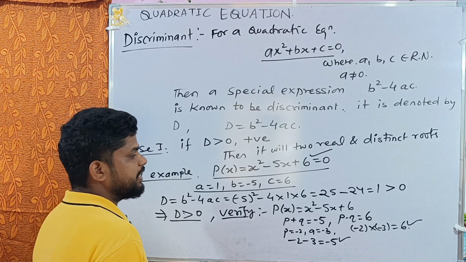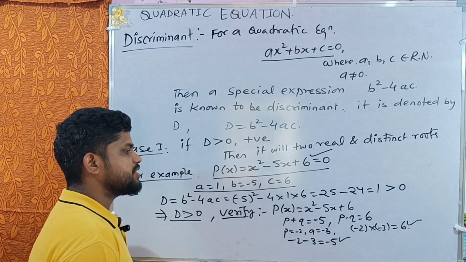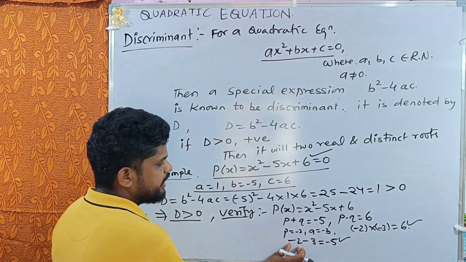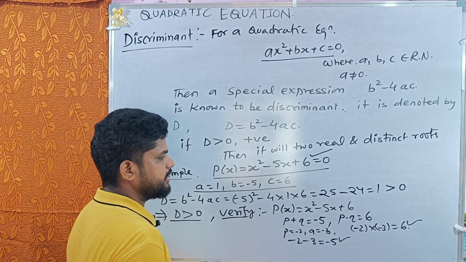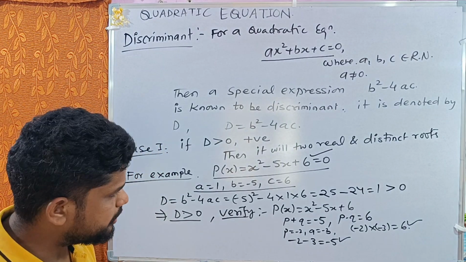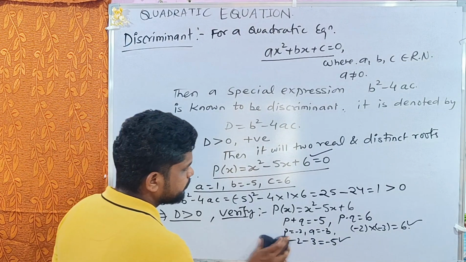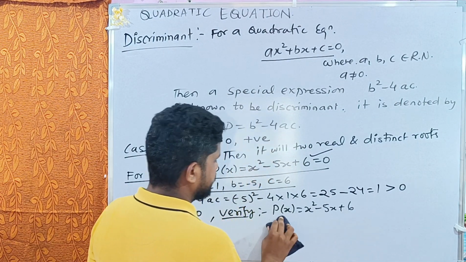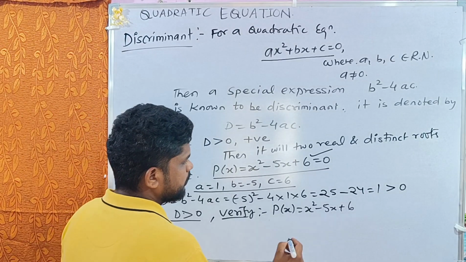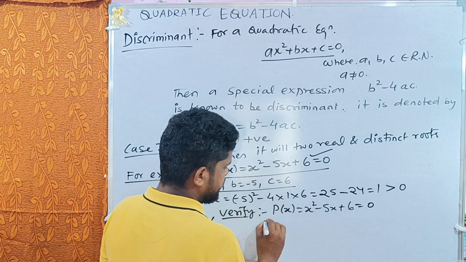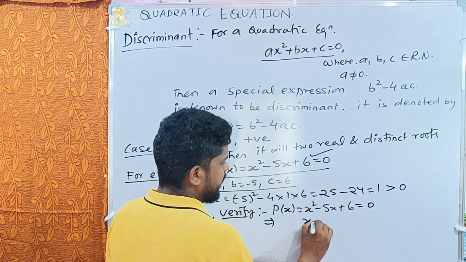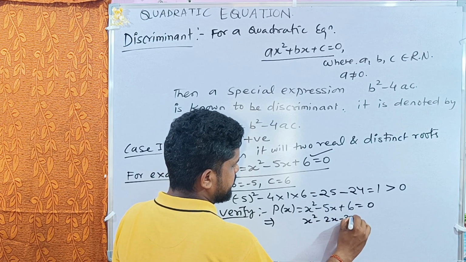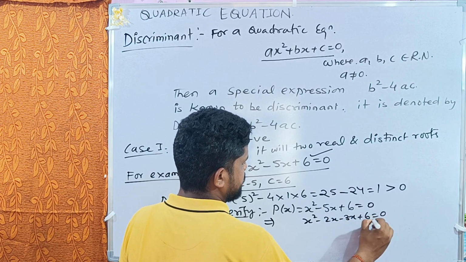So I can split the middle term, which is minus 5x, into minus 2x and minus 3x. So let us go for it. This is equal to 0, and this will give us x square minus 2x minus 3x plus 6 is equal to 0.